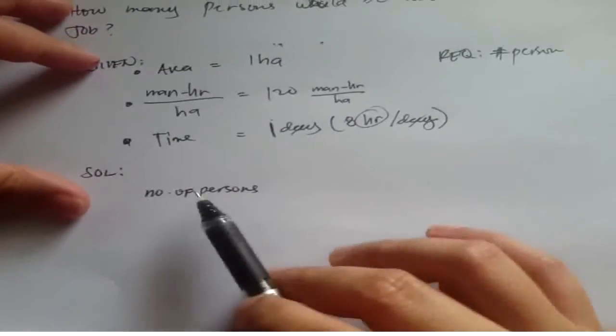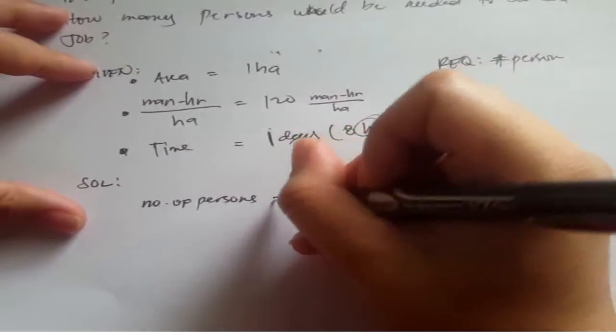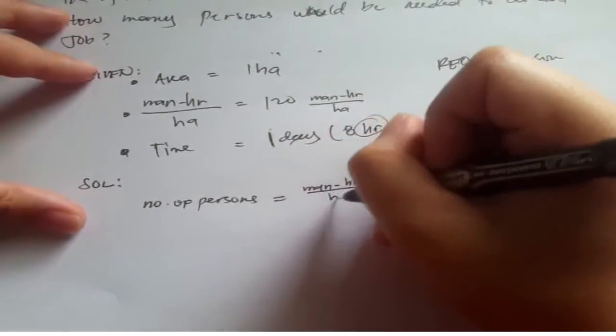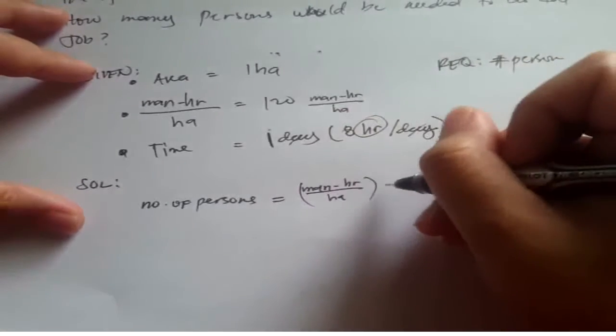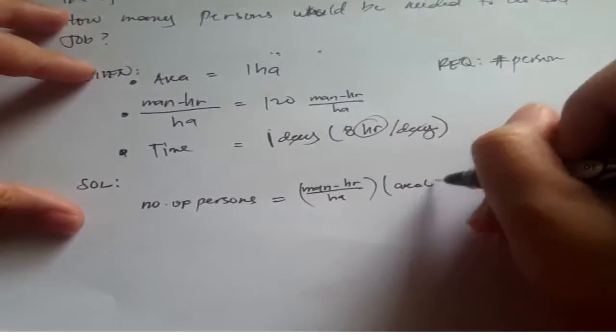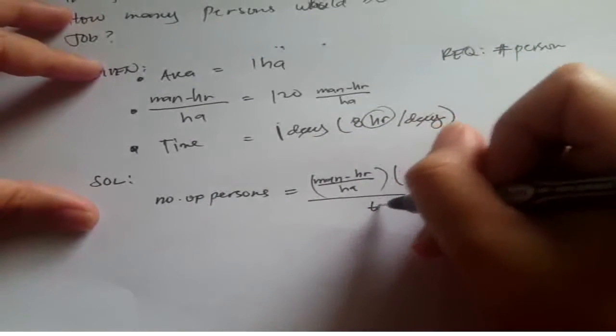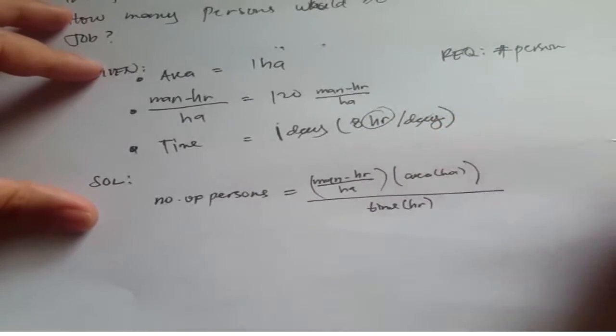So number of persons is equal to man-hour per hectare, multiplied by the area in terms of hectare, then divided by the time in terms of hour.